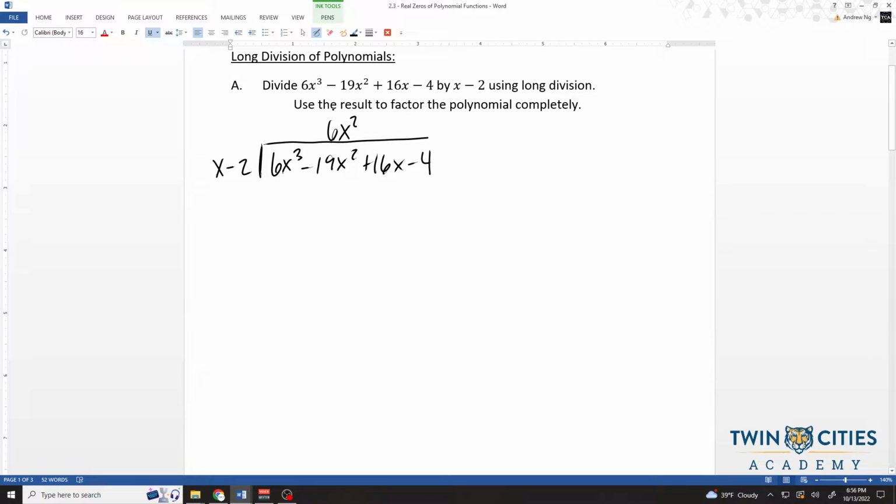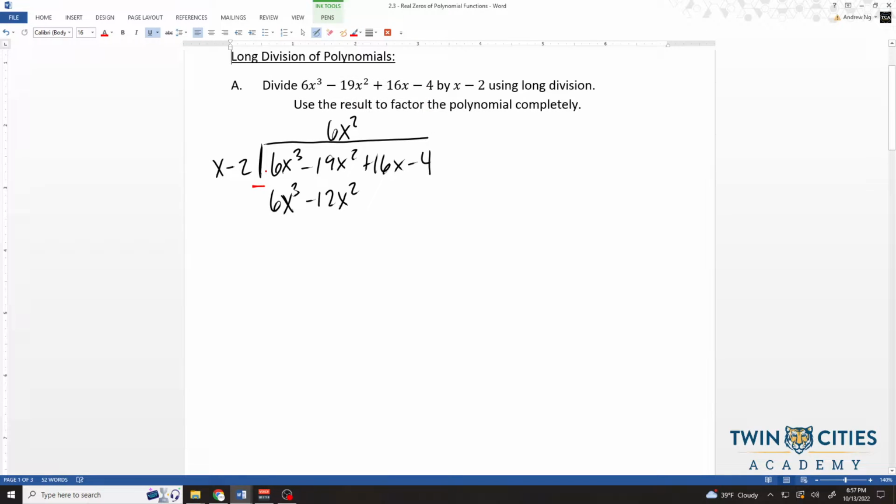Then step 2, you're going to take the result and multiply it to all of the terms on the outside. So 6x squared times x gives me 6x to the third, and 6x squared times negative 2 gives me negative 12x squared. Step 3, we are going to subtract.